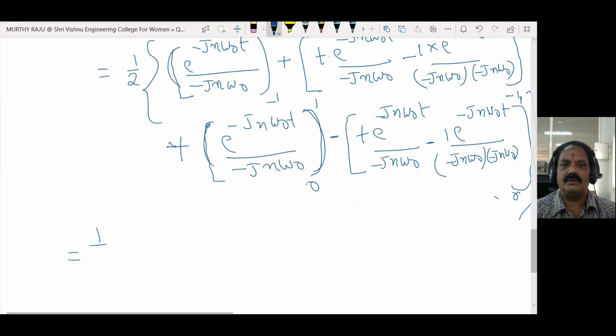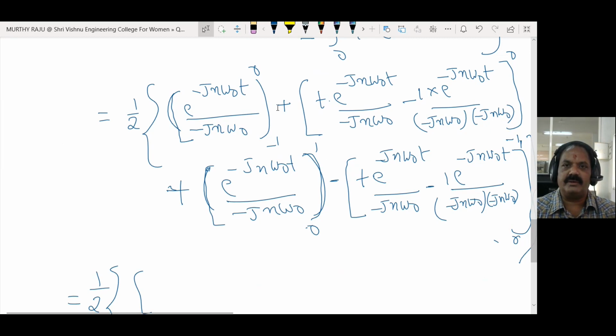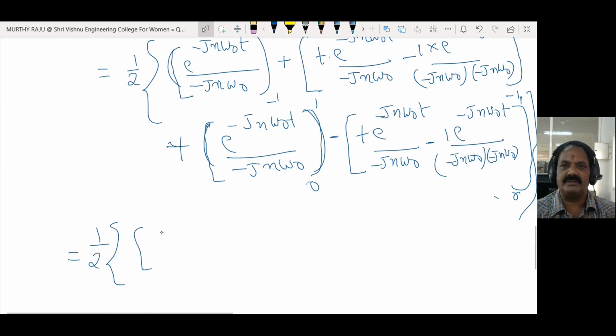That is equal to 1/2. Substitute 0: e^0 is 1. Then 1 by (-jnω₀).